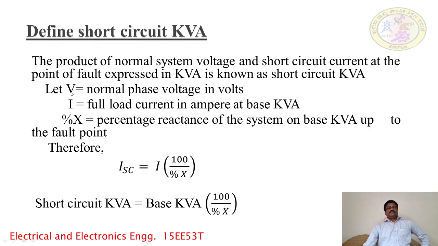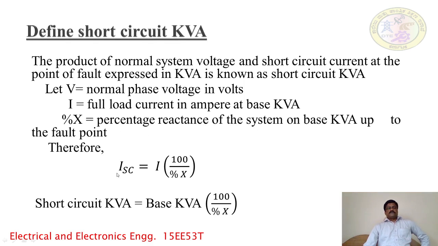Here V is the normal phase voltage in volts and I is the full load current in ampere at the base kVA. Therefore, X percentage of X is equal to percentage of reactance of the system on base kVA up to the fault point.